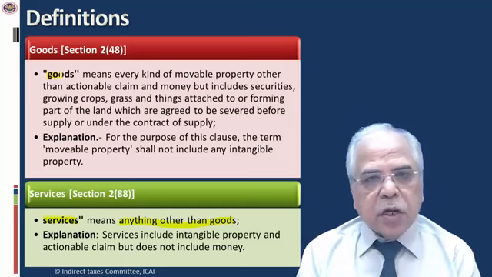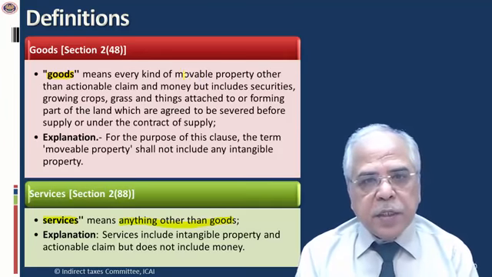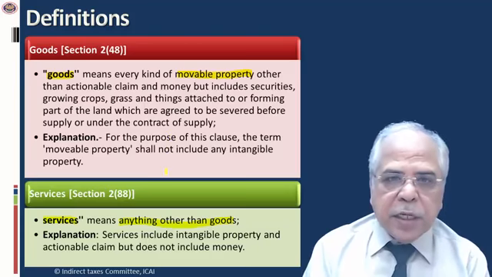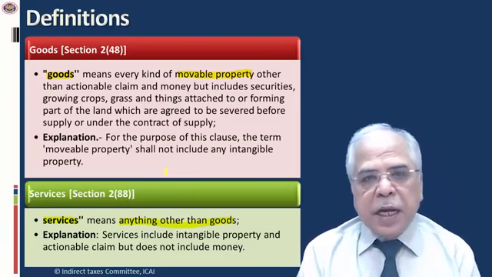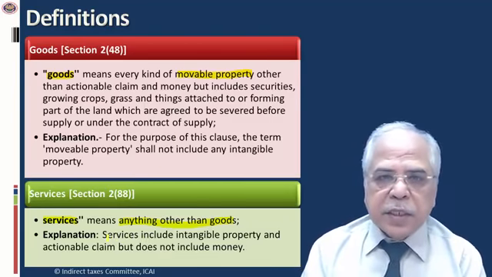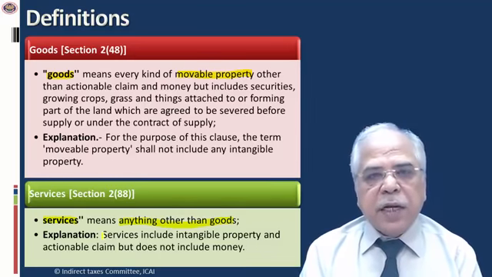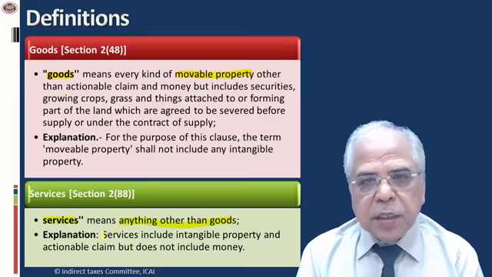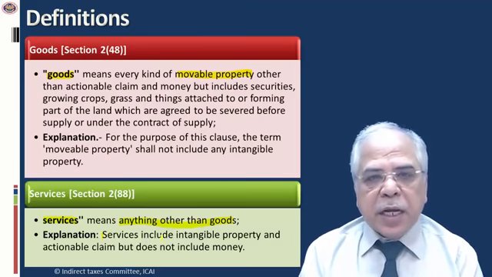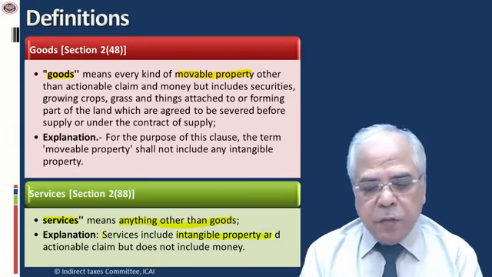So goods does not cover immovable property. So whether immovable property shall be included in the definition of the term service, I think the government has received this suggestion from many quarters, so they will certainly look at it while drafting the GST bill, so that immovable property does not get included in the definition of service.